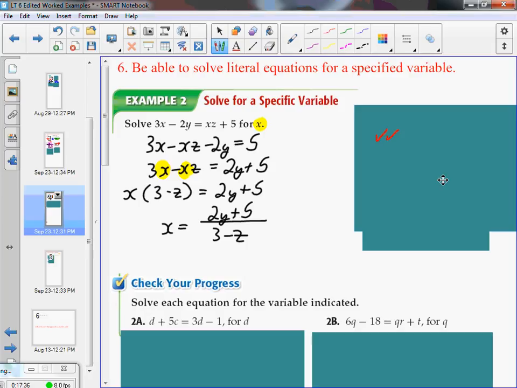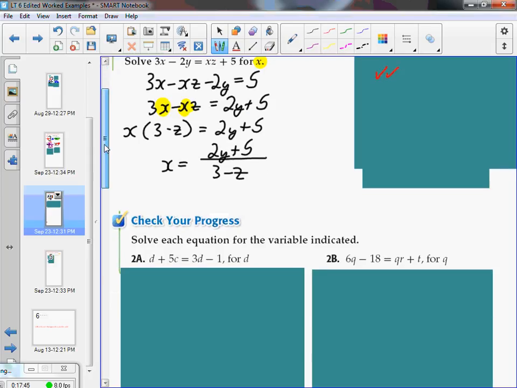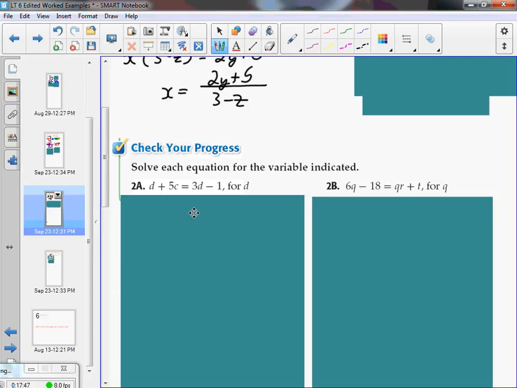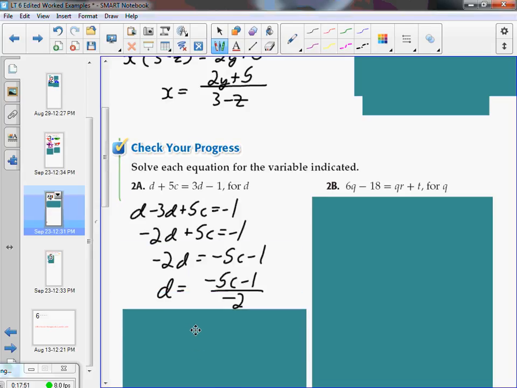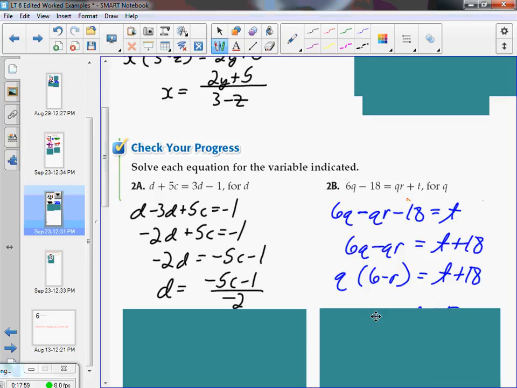There's not a single technique that you always use. You just have to look and see what you're faced with. I think I've worked every type of problem I need to. On this one, I get to combine the two D terms into a single D. On this one, I'm solving for Q. I have to do the factoring the Q out again.